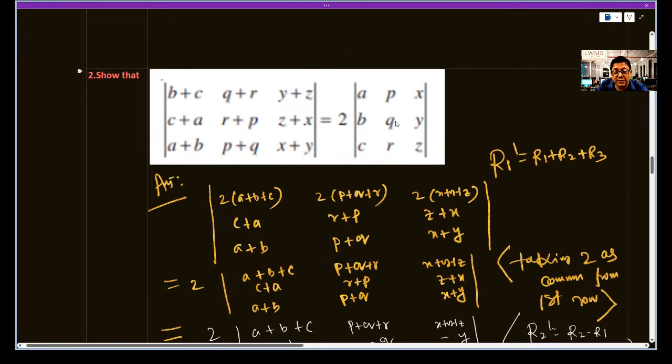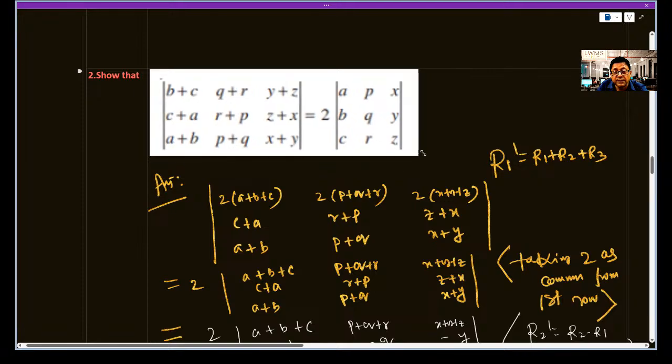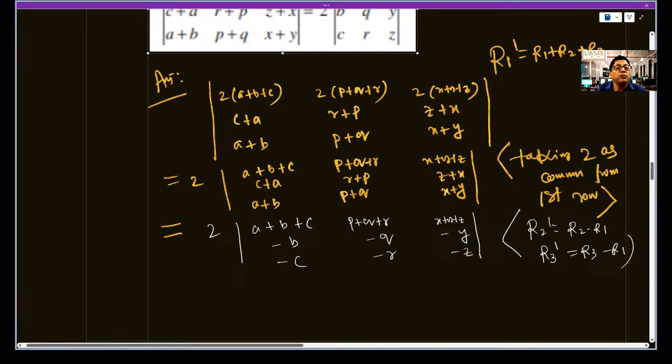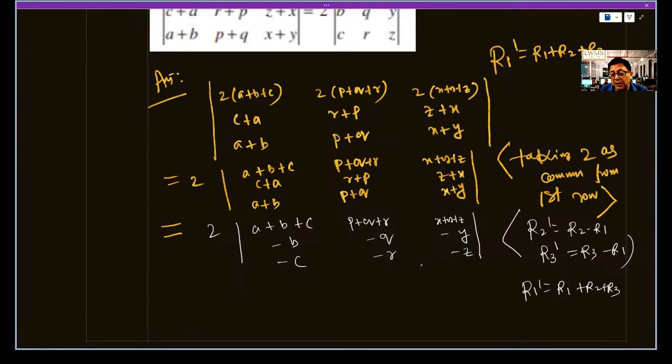But the sum we are not able to prove yet. See, they asked you to prove this thing. So at least I can try to make one element in terms of one element. I don't want to express it as a sum of two determinants. It is huge. So better you go for the property. What do I do here? R1 dash is R1 plus R2 plus R3.